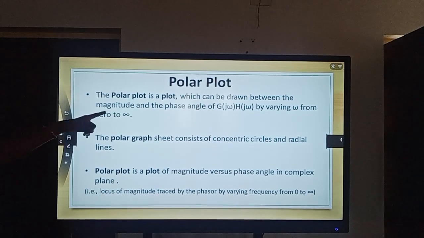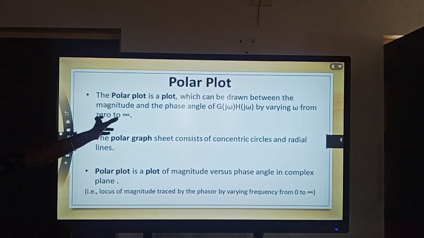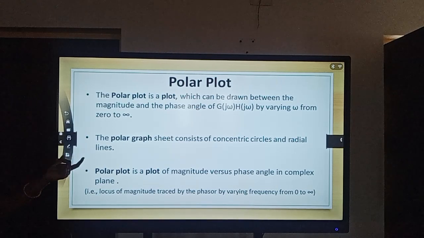Okay, so it is drawn between magnitude as well as the phase angle. That is magnitude to the real axis, and the imaginary axis we will be taking as j omega, and the real axis as sigma. So the magnitude with respect to the phase angle, that plot will be drawn, and here the frequency ranges from 0 to infinity.